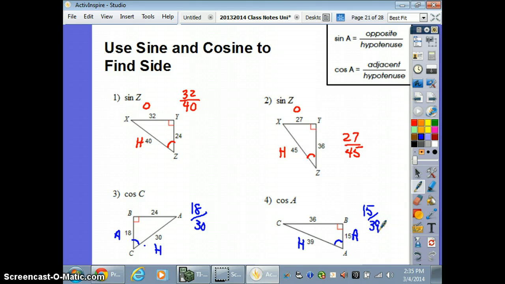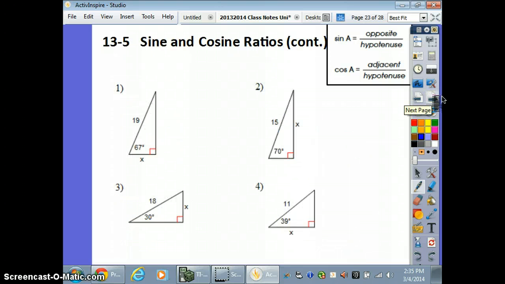Now let's solve some problems. Let's decide what this one is. Here's our reference angle. Here's our hypotenuse. And this is next to that angle, so that's adjacent. Adjacent and hypotenuse. See how it's got to be cosine? We have to find this, and then we go back and say, that's cosine. Cosine of 67. Just like we did tangent, we write them as proportions.